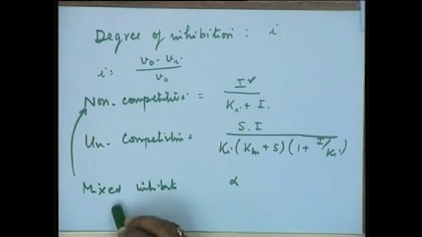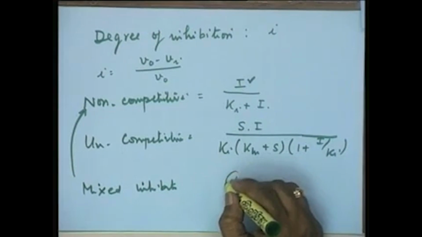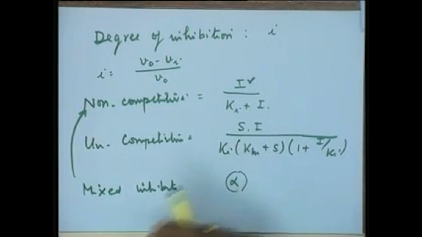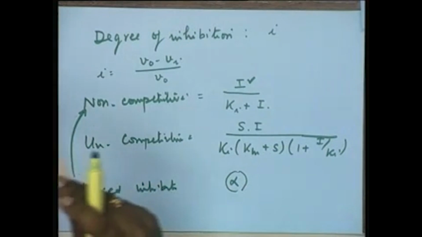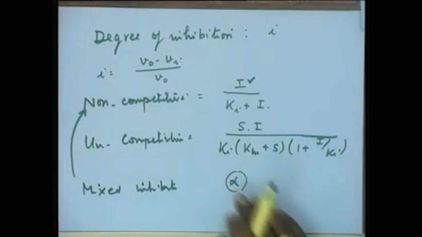But in the case of mixed inhibition, the magnitude of inhibition will be dependent on the ratio of the dissociation constants for free enzyme and enzyme substrate complex with the inhibitor, and the alpha will determine the magnitude of the degree of inhibition.